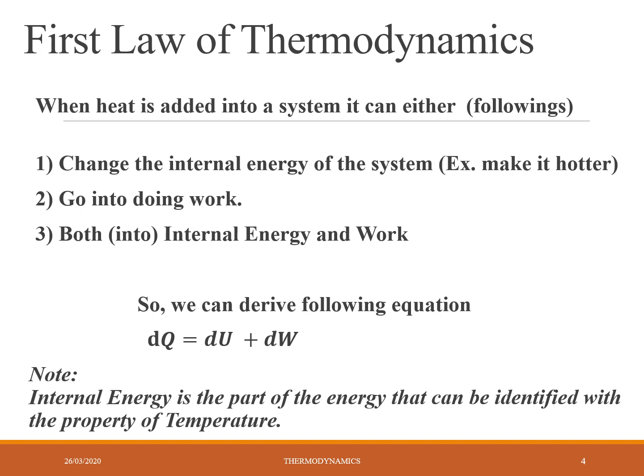So then, internal energy is a part of the energy that can be identified with the property of temperature. What is that? You can identify another quantity which is independent of other things, which is internal energy as a different property.